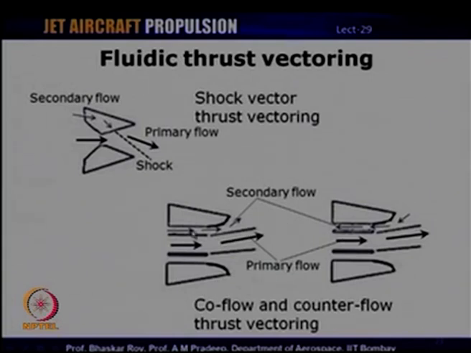And this could be either in a co-flow mode or in a counter flow mode, that you could achieve the coanda effect and therefore thrust vectoring in that sense. But as you can see, both these require that the vectoring is reliable and it has a linear response to the flow rate which is used in these secondary flows. So, that is one of the major challenges in using thrust vectoring.